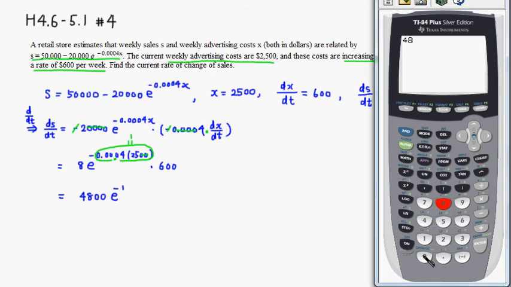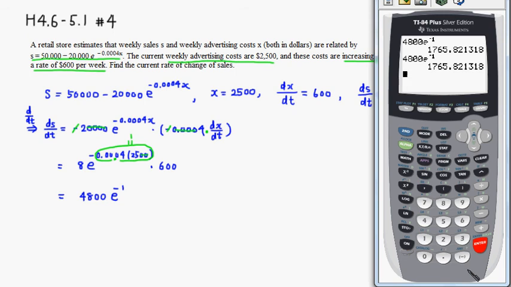It's 4,800 times e to the, oh, that's 10 to the, sorry, let's delete that. And e to the negative 1. Then hit enter.